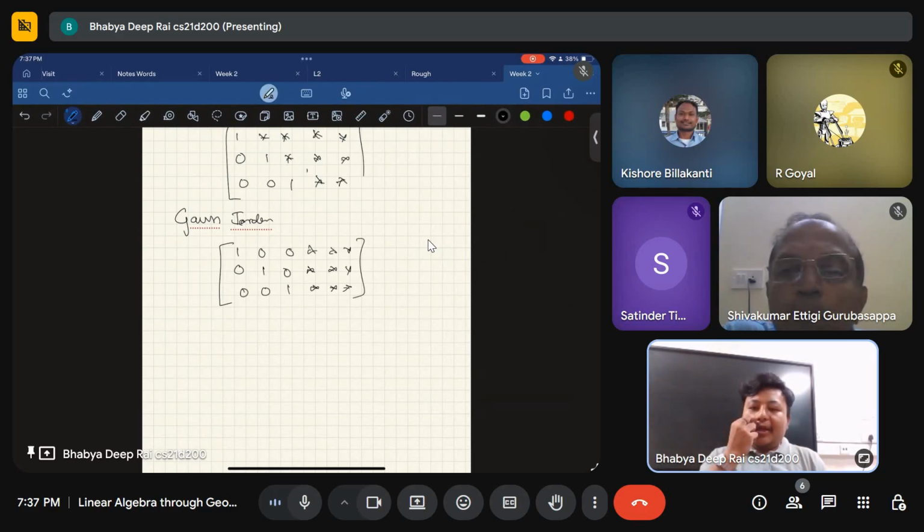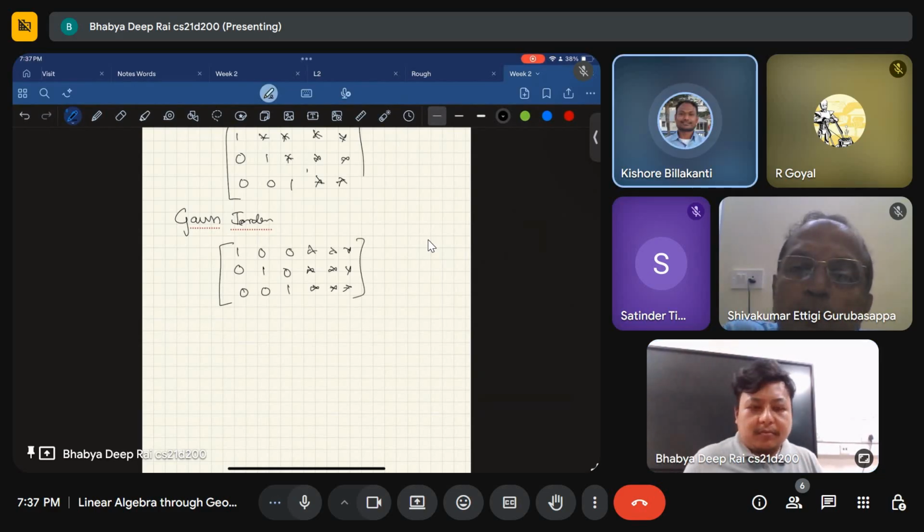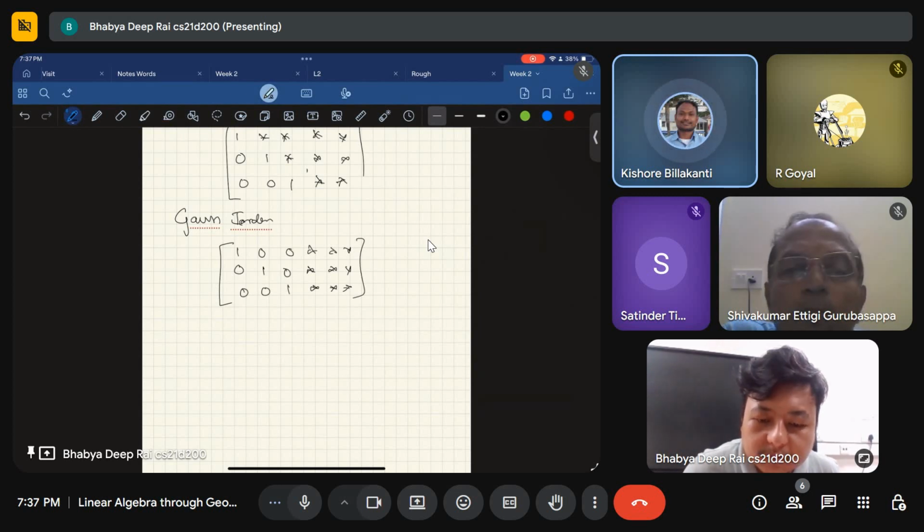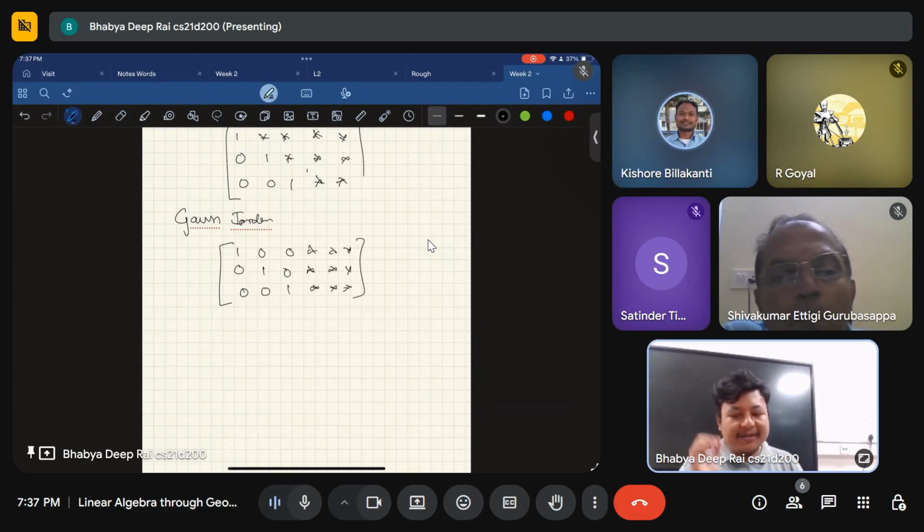In whichever column a one appears, the rest of the elements should be 0. Exactly.